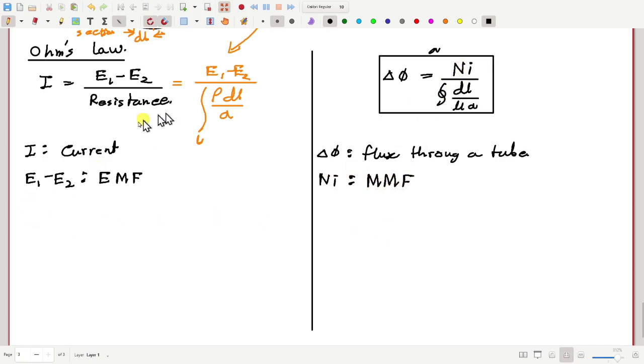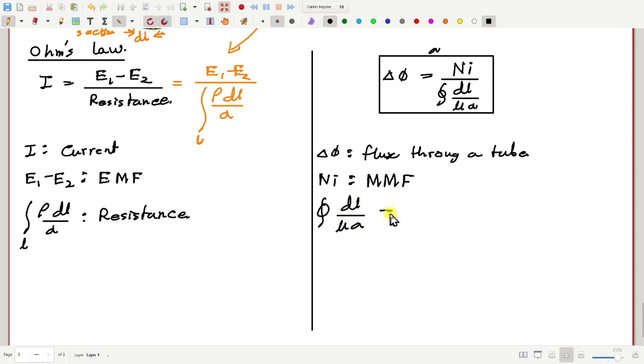And then here integration of rho dl by A over the length is the resistance. Similarly, integration over dl by mu A is called the reluctance of that path, reluctance of that tube. So here we have the resistance of the conductor, and here this term is called the reluctance of that closed path.